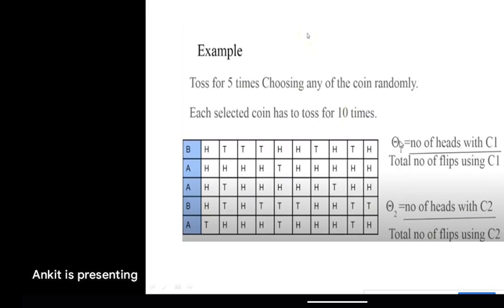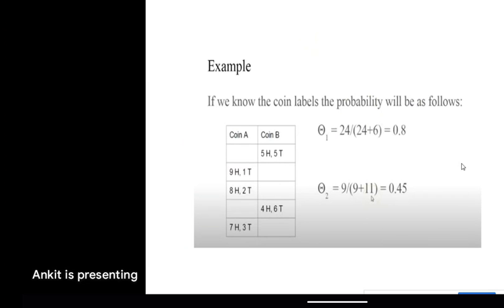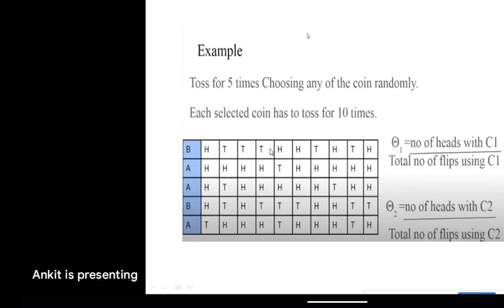So to find theta 1, we take the number of heads with coin C1 upon the total number of flips using C1, and theta 2 equals the number of heads with coin C2 upon the total number of flips using coin C2. So this is another diagram which shows all the possibilities of coin A and coin B from this given table.